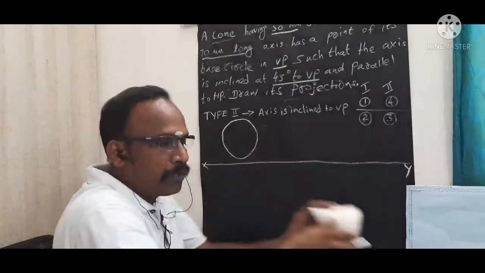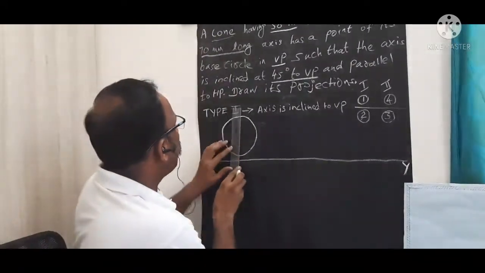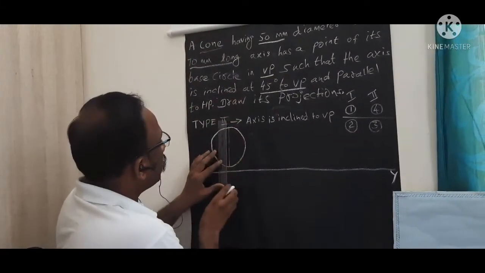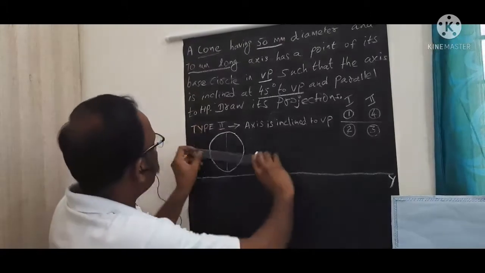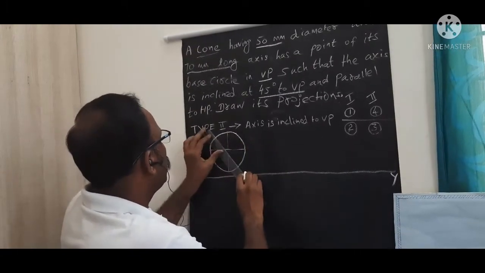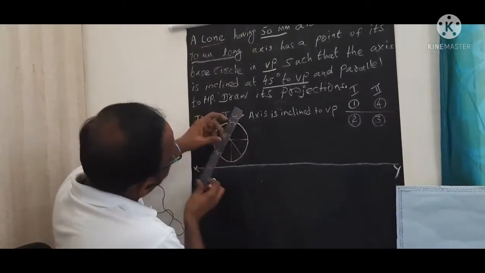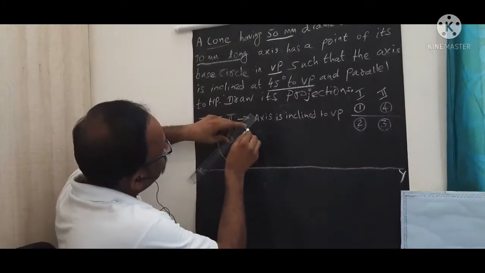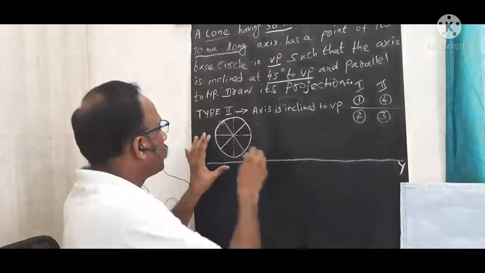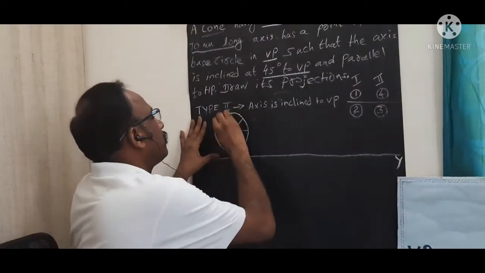Now I am going to divide this circle into 8 divisions, for which first draw one vertical line and one horizontal line. Then draw one 45 degree line in this direction and another 45 degree line in this direction. Now I mark the corresponding points on the circle, which is visible in the front view.